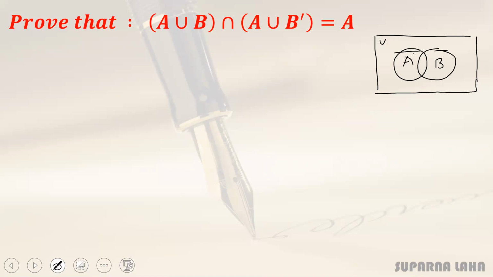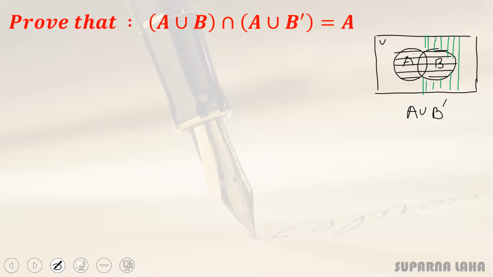Just shade this portion, that is A union B. Okay. Now A union B complement. That means B complement with A. So mark it. B complement means except B, all the portion we have to choose.